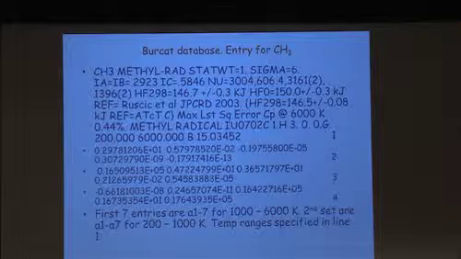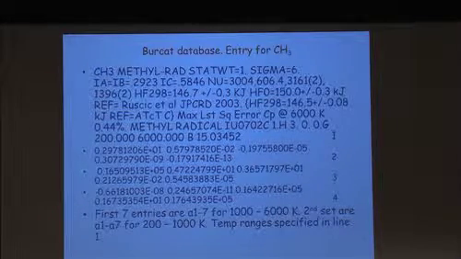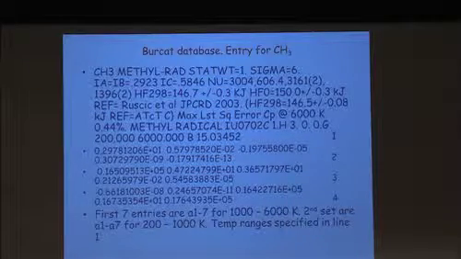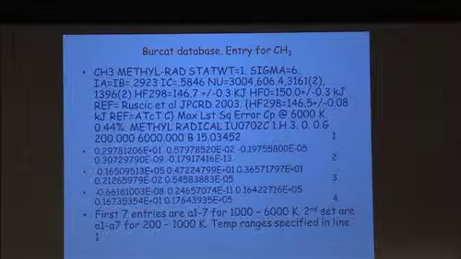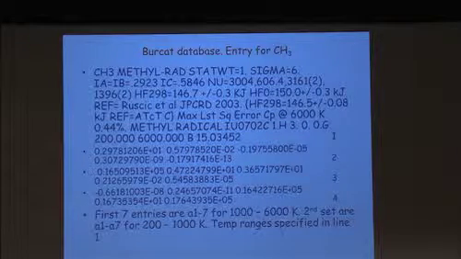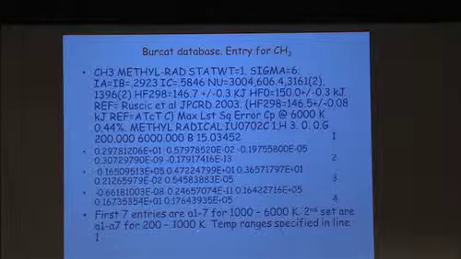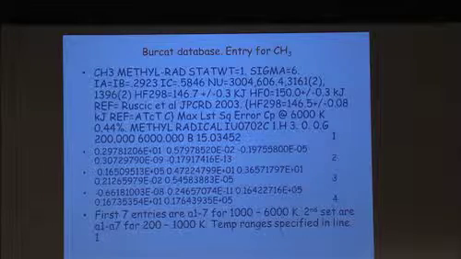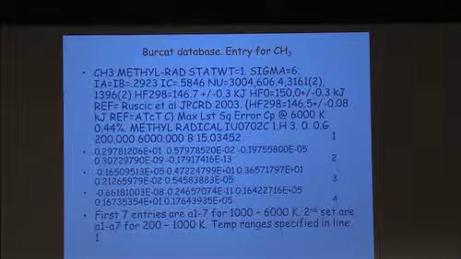And so these are the values of those A1s to A whatevers. Down here, the first 7 entries are A1 to A7 from 1,000K to 6,000K. So these are the values you would use if you're working in this regime. And the second set are from 200 to 1,000K. And the temperature ranges are specified in here. So it goes from 200 to 1,000 to 6,000.